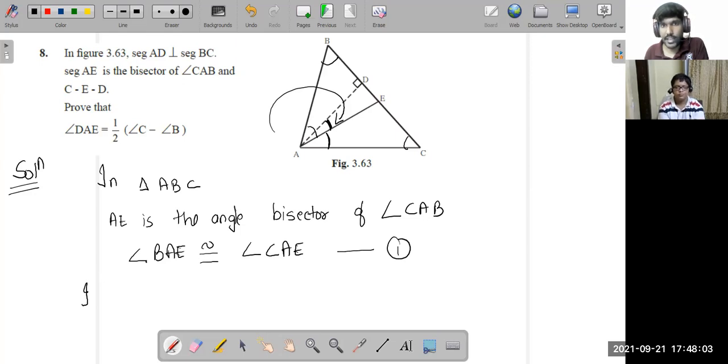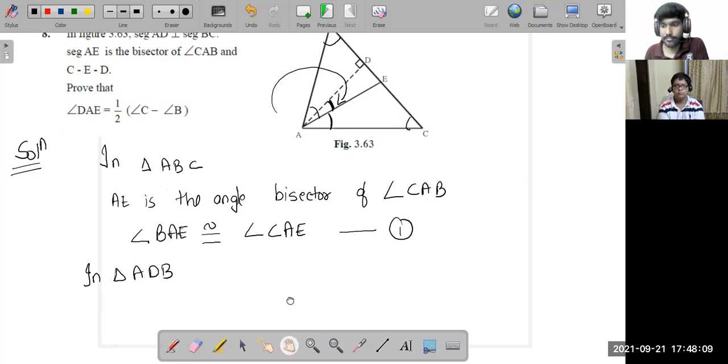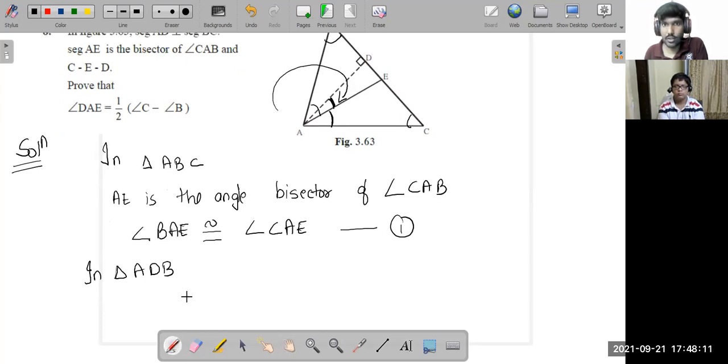After that, in triangle ADB, look into ADB in the diagram.